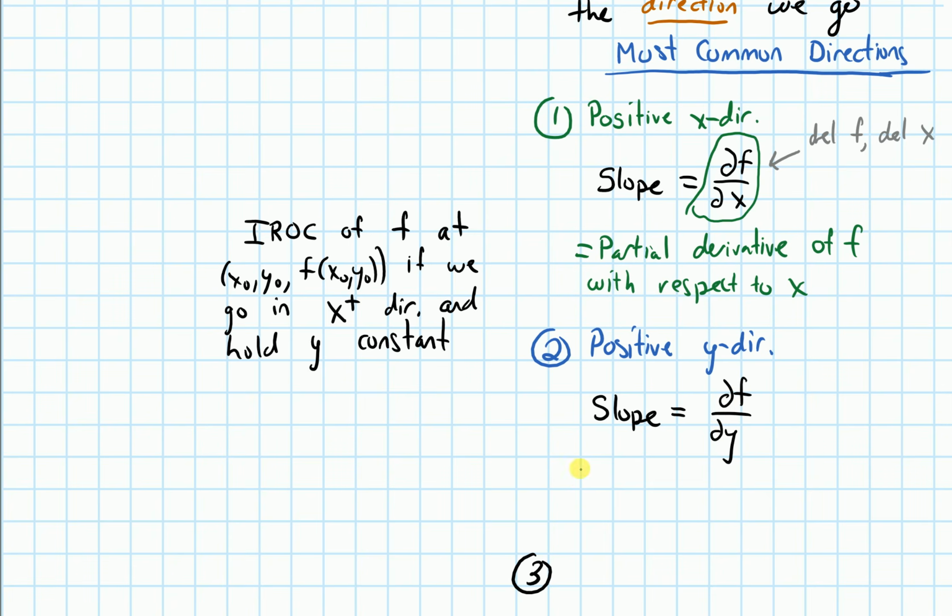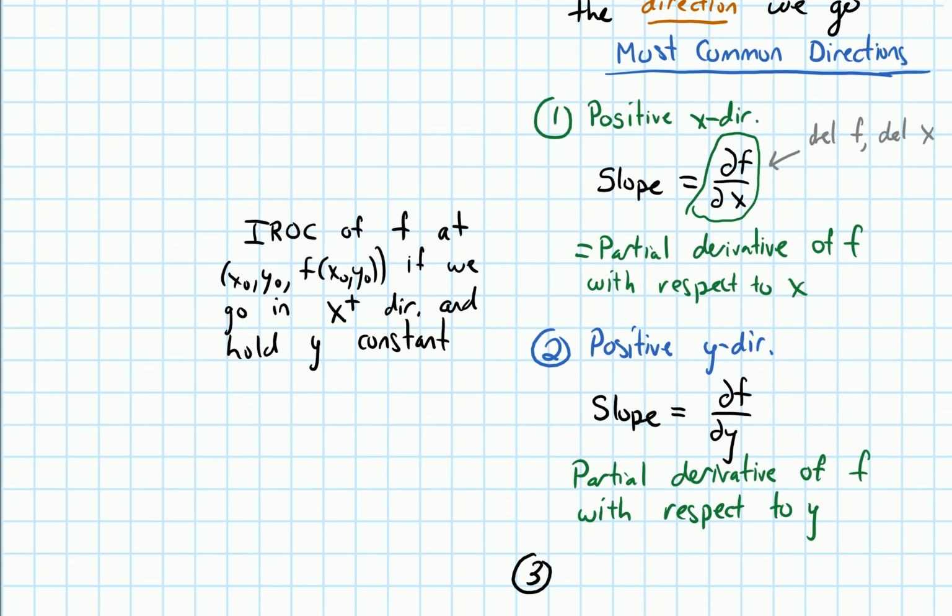We call this the partial derivative of f with respect to y. If we think about that as an instantaneous rate of change, we would be going in the positive y direction and holding x constant.